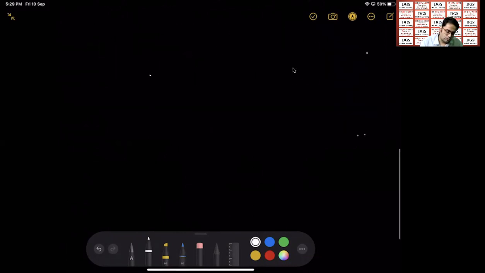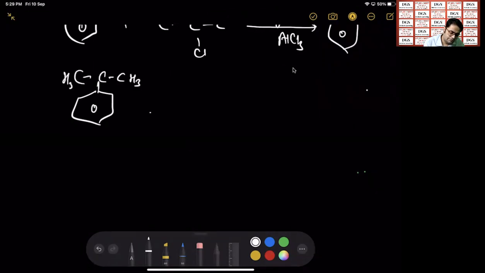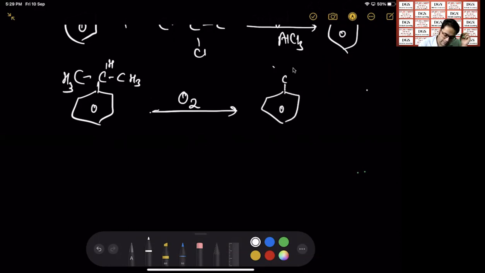Fine. So once we get this cumene, this is our cumene, we oxidize it in the presence of atmospheric oxygen, another inexpensive substance, and first we'll get this one.